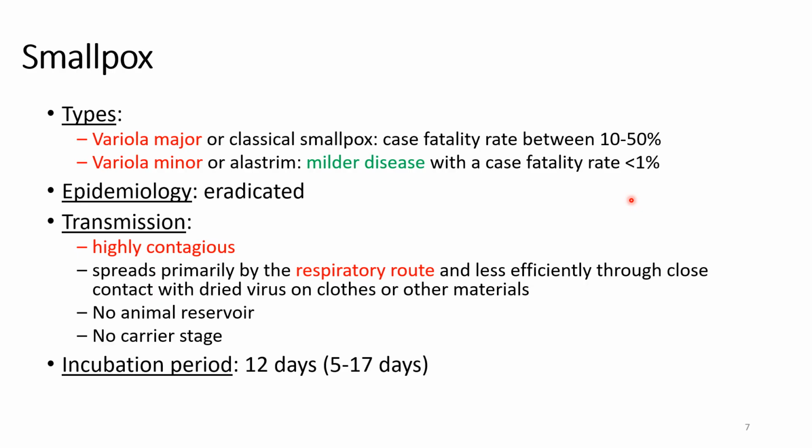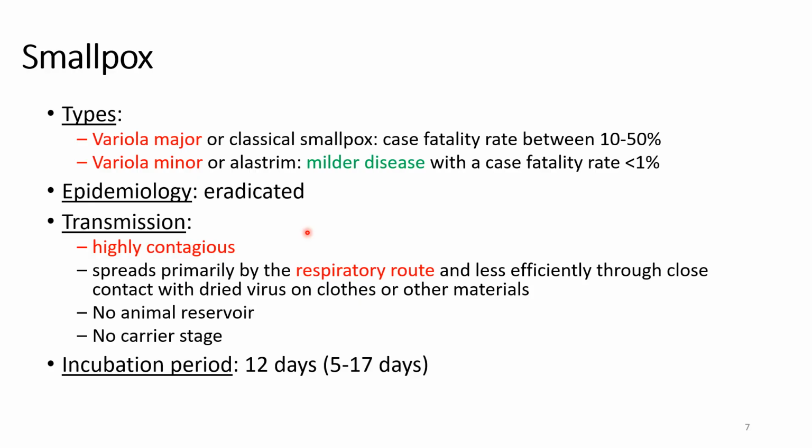Now, in the 18th century, smallpox accounted for 7 to 12% of child fatalities. That is a huge burden, okay? But thankfully, the virus is now eradicated, and only a few labs in the world have this virus in their freezers just in case they needed to make new vaccines from it. So the transmission, this is a highly contagious virus.